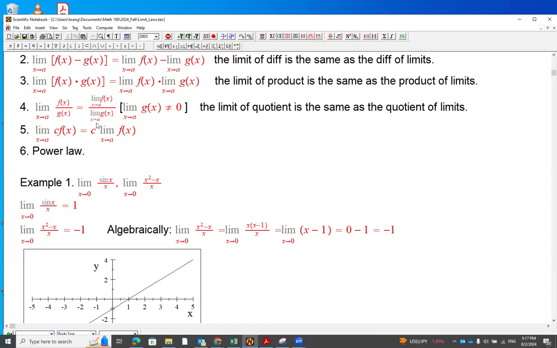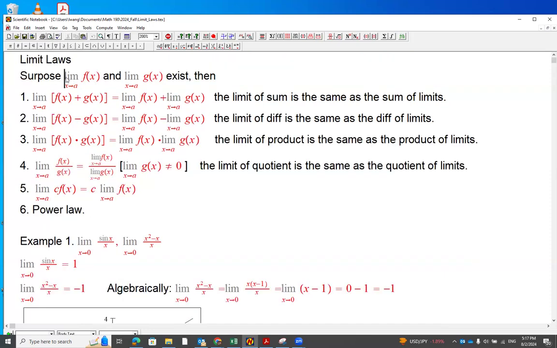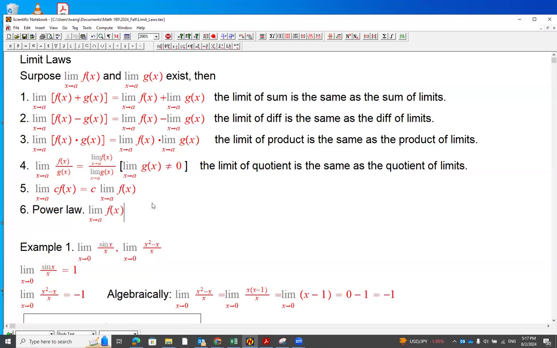But we still assume that this limit exists. Both limits exist, but we only use one. So the limit we use will have to exist.